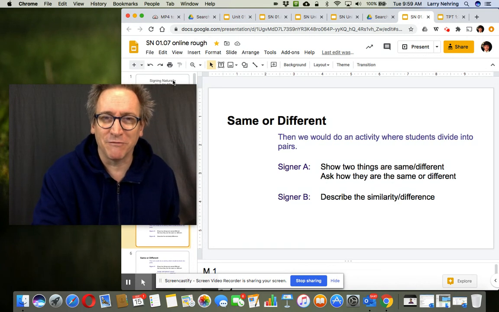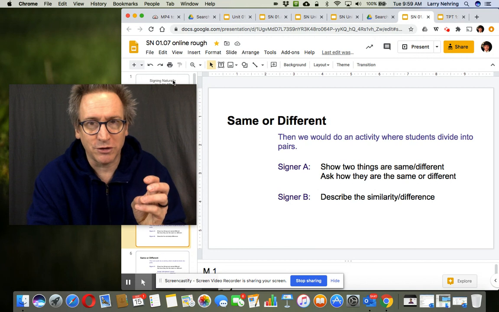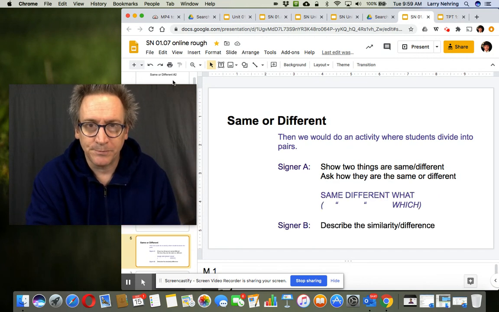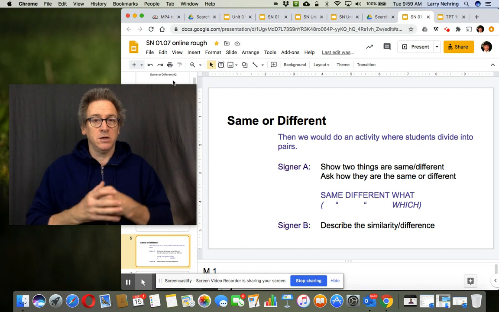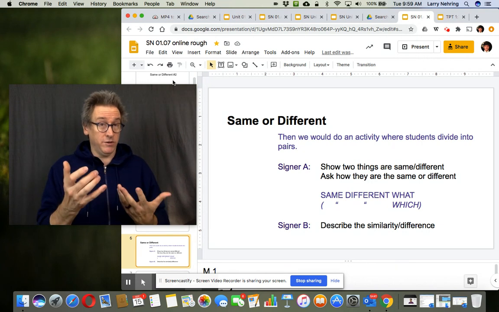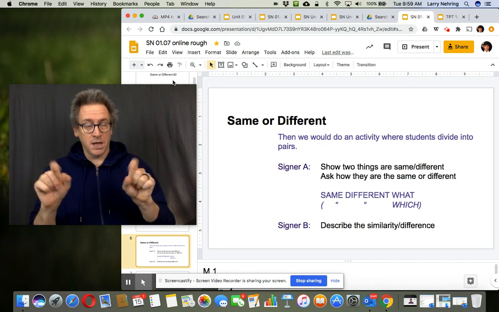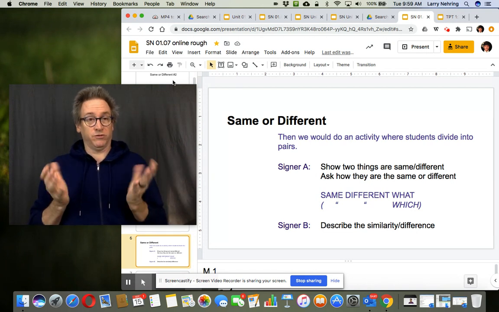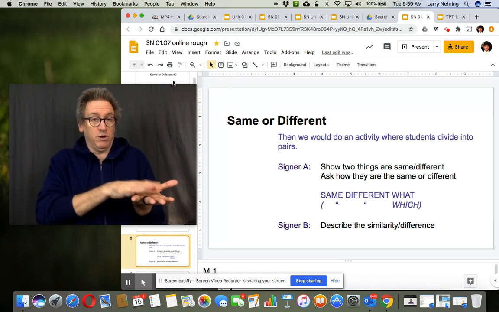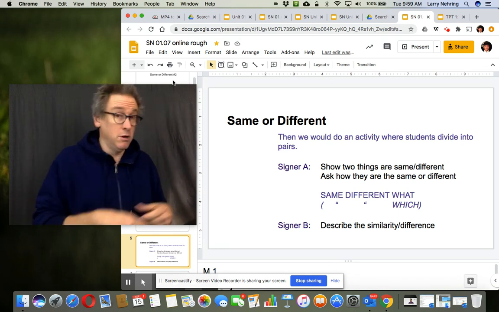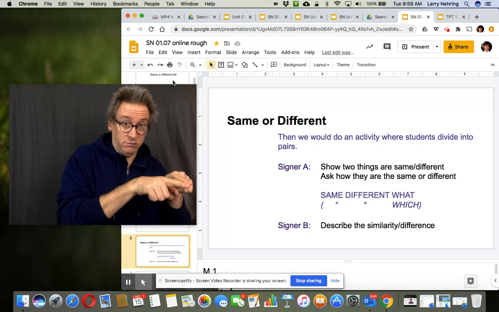Since we can't have conversations together, I'm going to show you first, how do we ask that question? So there are two different ways. The one is, we know the two sides, right? Same, similar, and different. And we know that if we're setting up two different things, we're going to set one to one side and one to the other using what's called contrastive structure. So, like, here's triangle.